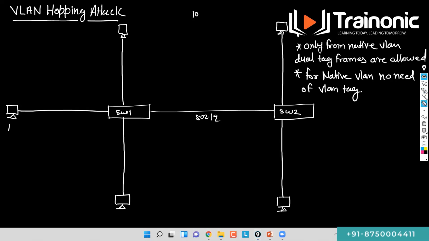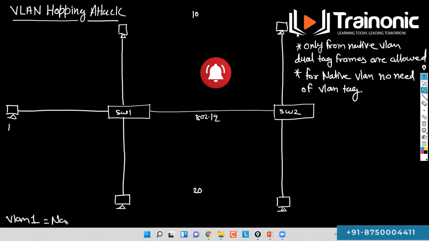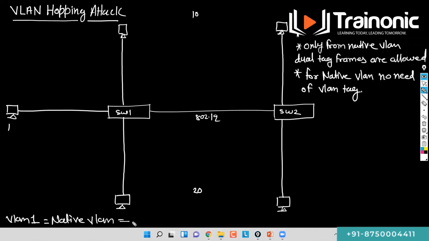That's it. By default, VLAN 1 is equal to native VLAN, and for native VLAN, no need of tag.